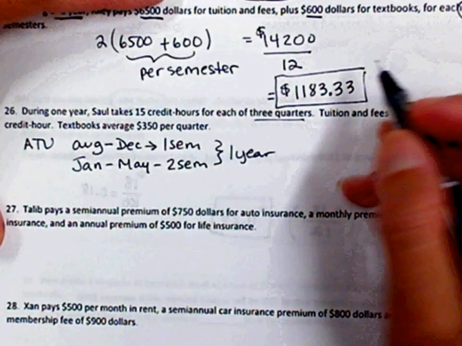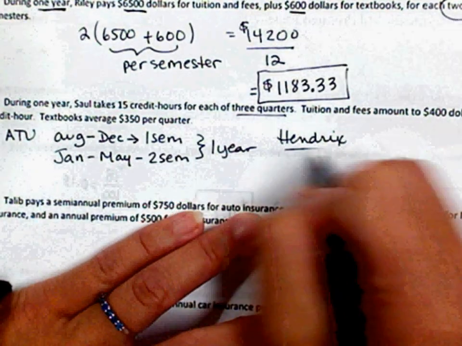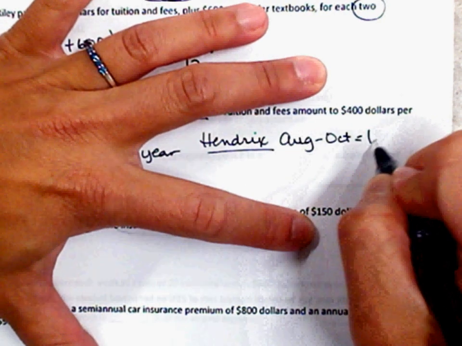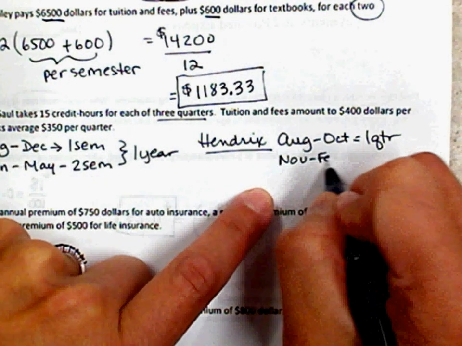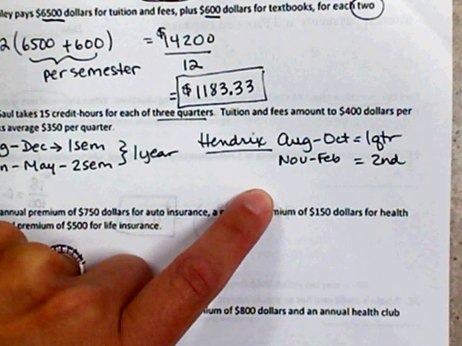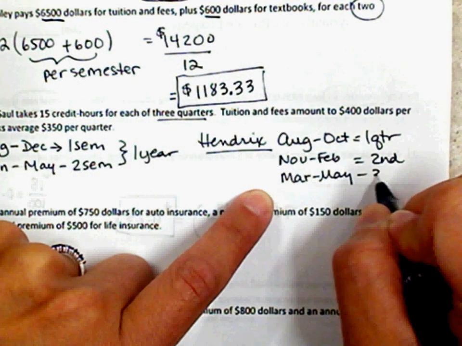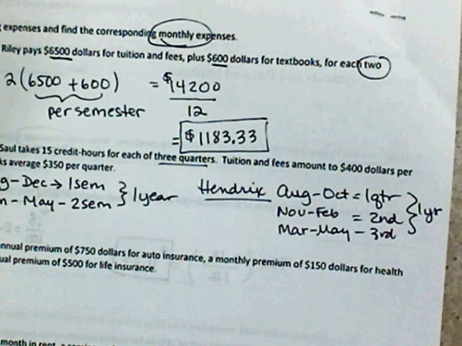So say for example, Hendrix, I don't have the exact time frame, but I'm going to give you an example. Say they go from August to probably October. That's 1 quarter. Okay? So maybe November to February will be 2nd quarter. So they take different classes altogether. Say March to maybe end of May might be their 3rd quarter. And that for them is a whole year. Does that make sense? They just break them into thirds instead of into semesters. Okay? So that's just how some schools are.